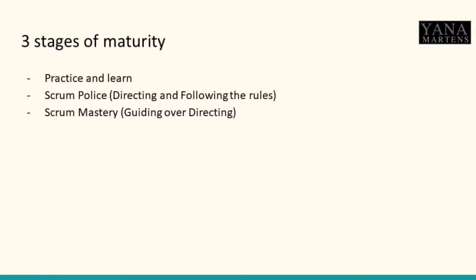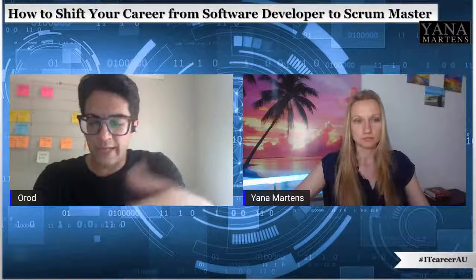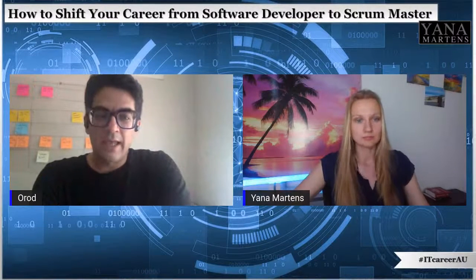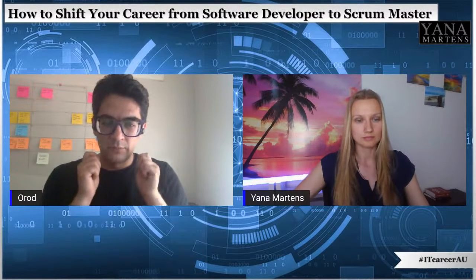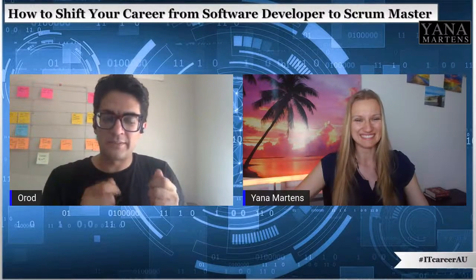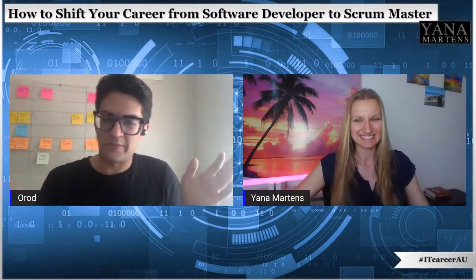I'm not saying everyone has the same experience, but what happened to me was that I started practicing Scrum in a team, as a software developer. Then I went to some training, read about it, learned and practiced for a couple of years. And after that, for a couple of years, I was a Scrum police, right? So: do this. Why do we do it? Because Scrum said so, right?